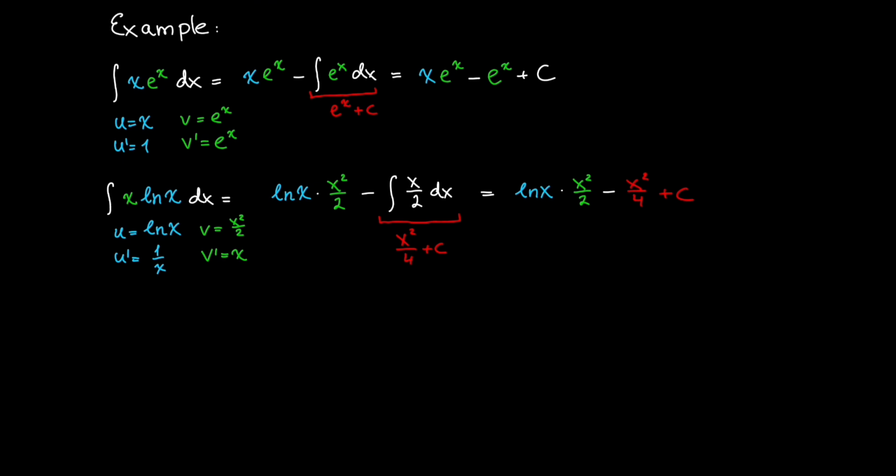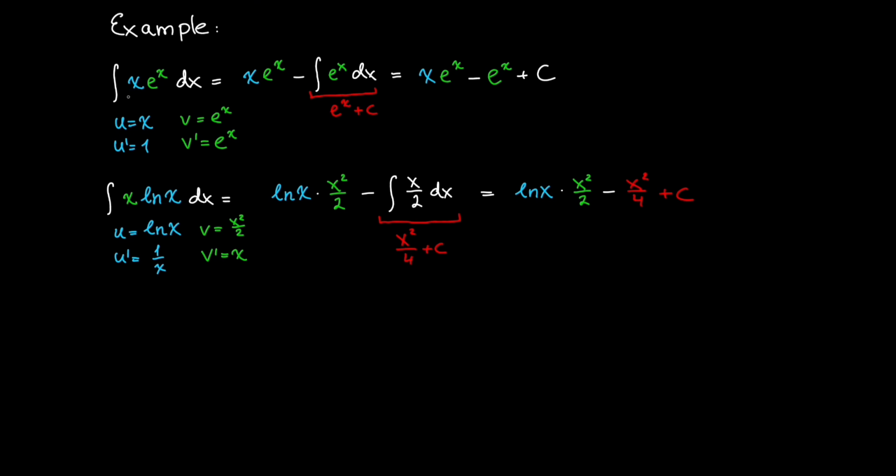From this exercise, you might have noticed that picking u and v prime in your integral can sometimes be a little bit tricky. And here I can only give you 2 tips. In cases where you need to integrate the product of a polynomial function with the exponential function, in this case, the first example, x times e to the power of x, you should always differentiate the polynomial.